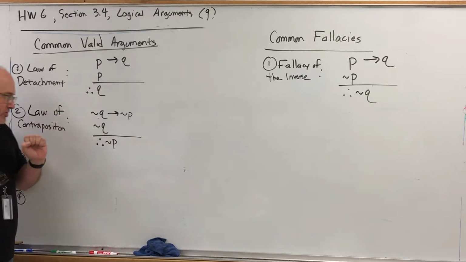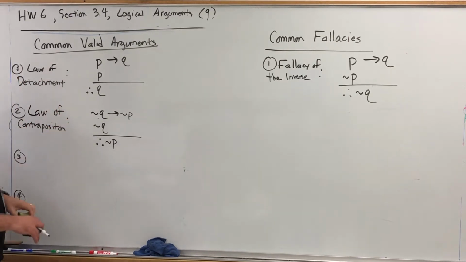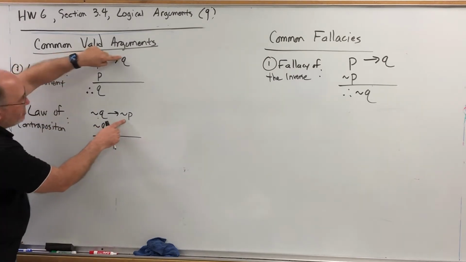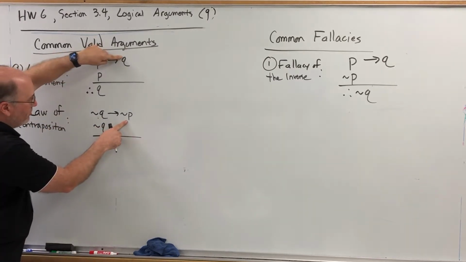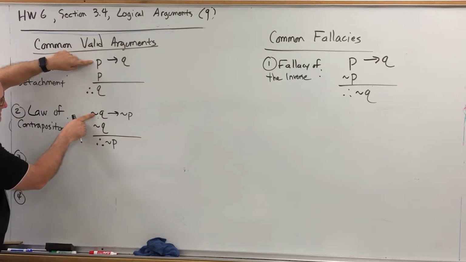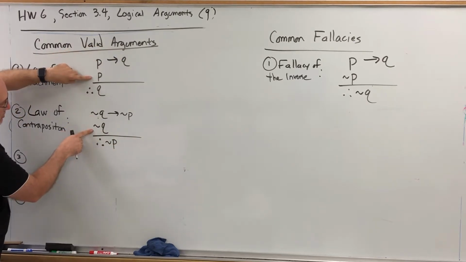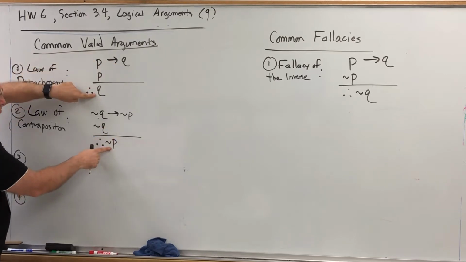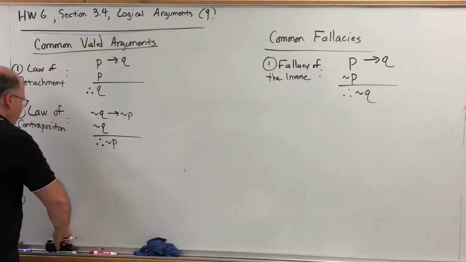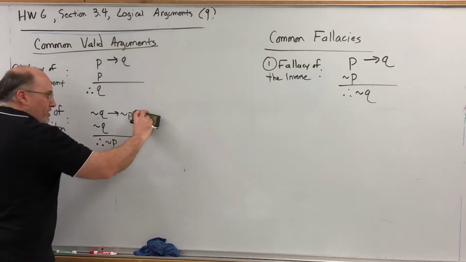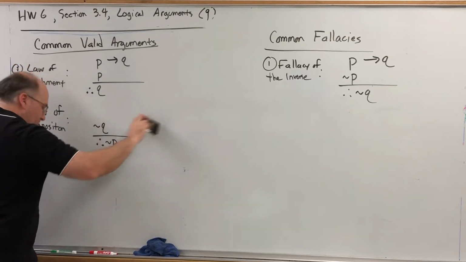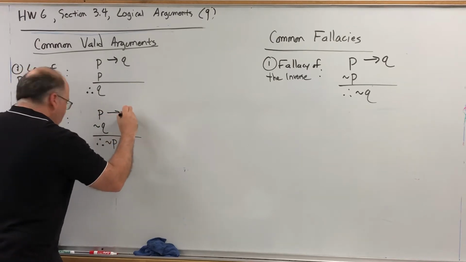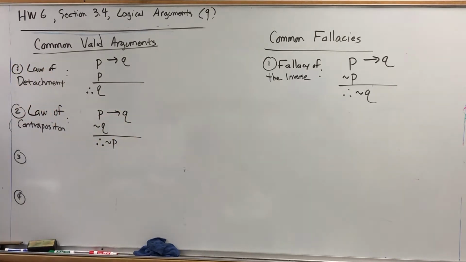I know the symbols are different and it's loaded with negations, but essentially what the law of detachment says is if you have a conditional as your first premise, and that conditional's antecedent is the second premise, then the consequent as a conclusion is valid. So it's called the law of contraposition because if you replace the conditional with its contrapositive, you just get a tricked out version of the law of detachment.